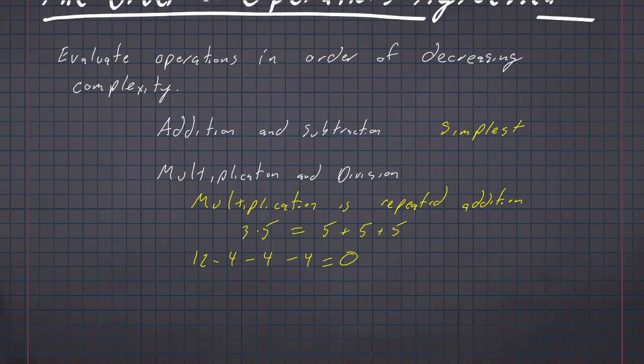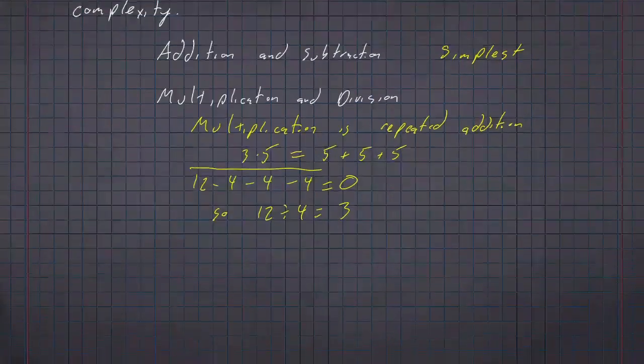Since I had to subtract 4 3 times, 12 divided by 4 must be 3. Right? So multiplication is repeated addition. Division is repeated subtraction. Because they are hiding addition and subtraction, multiplication and division are more complicated. And our rule for order of operations says we're going to have to deal with that first.